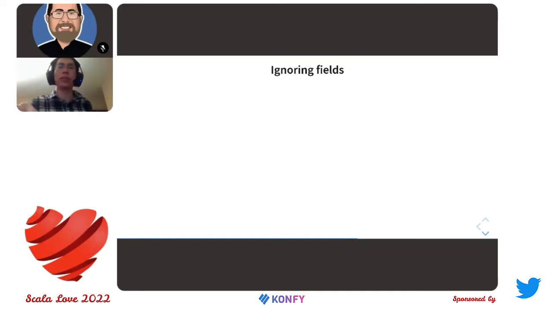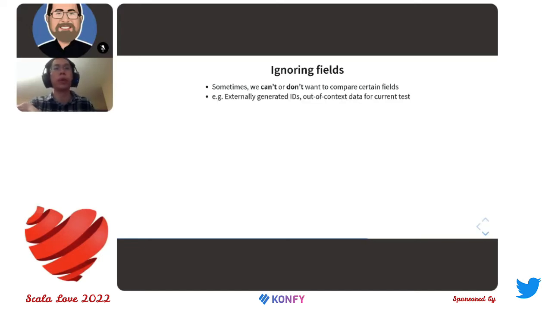Okay, so next up we have behaviors. Sometimes we want to be able to ignore certain fields in our case classes because maybe we just can't compare them, or maybe we don't want to compare them, right? For example, if you're running some integration tests, we may have some IDs that are generated outside of our control, so we can't really predict what the IDs will be.